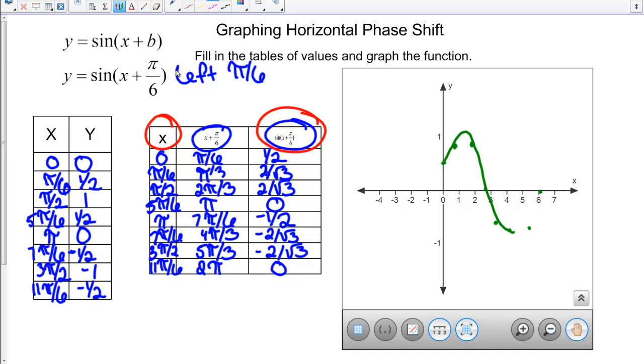So it should look like this. And that is, of course, our sine function shifted left by pi over 6.